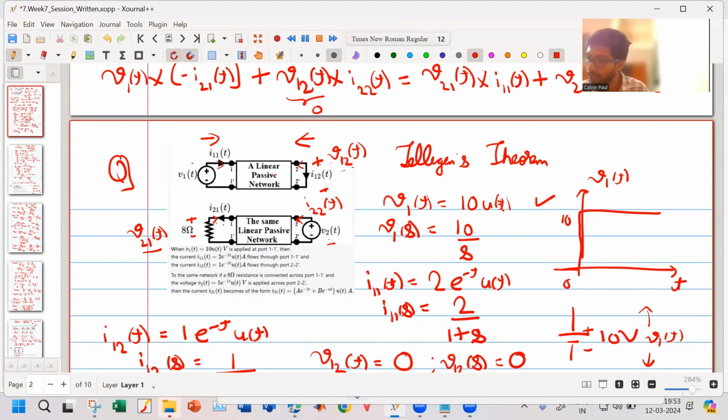So, Bharat, is there any specific part in this which you are finding confusing?